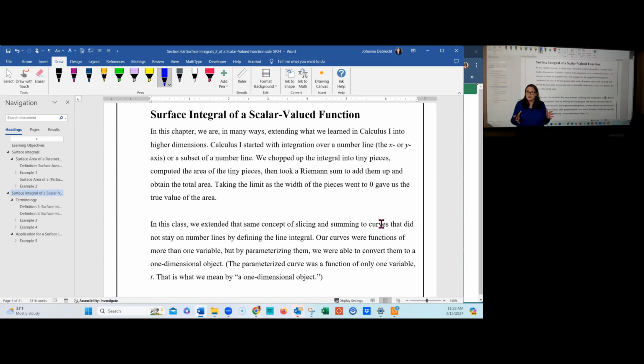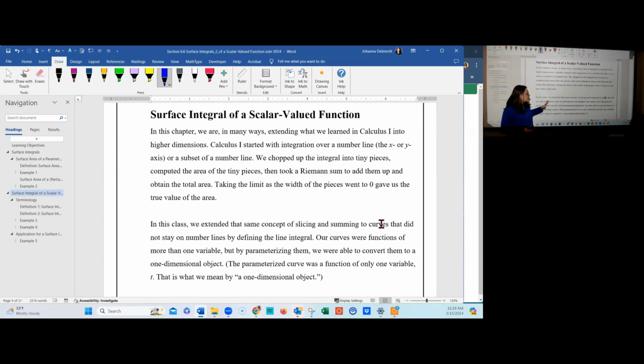Now we're taking a surface, we're chopping up the surface and integrating over the surface. Again, the idea is to chop into tiny pieces, compute the area of the tiny pieces, take a Riemann sum to sum them up, allow the area of each little piece to approach 0, and take the limit of that. And that should give us the exact whatever we're looking for.